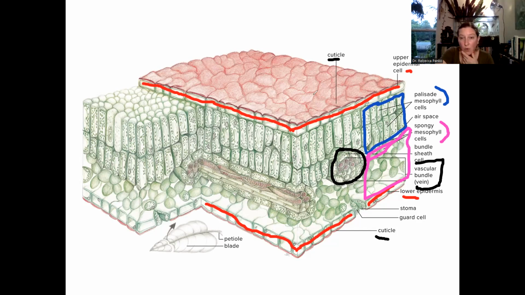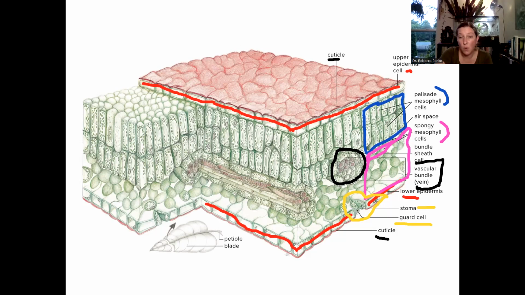And then the last thing I want to point out, and I'm running out of colors here, I'll use yellow, is these structures here, which are the guard cell and the stoma, which we'll talk about on a subsequent slide. But you see this word stoma?